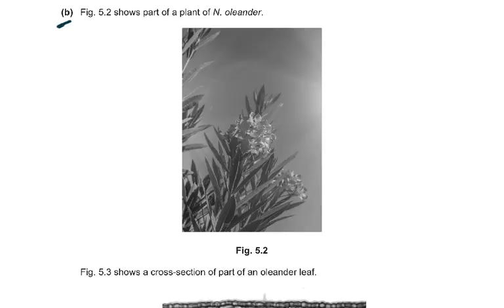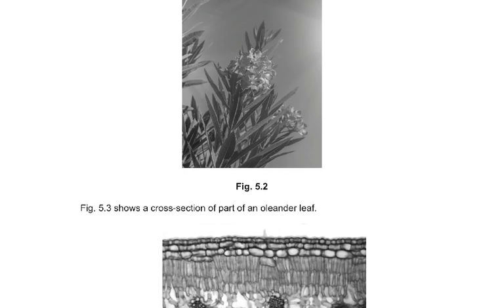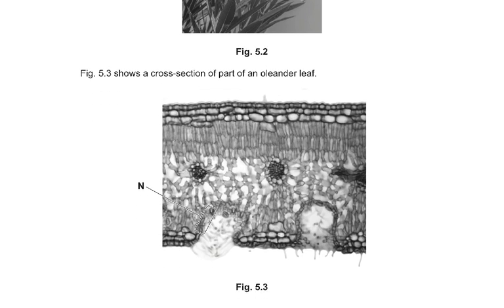Then coming to the B part of the question, figure 5.2 shows part of a plant of oleander, and figure 5.3 shows a cross section of an oleander leaf. Now you can see here the 3 layers of the upper epidermis, similarly the lower epidermis.